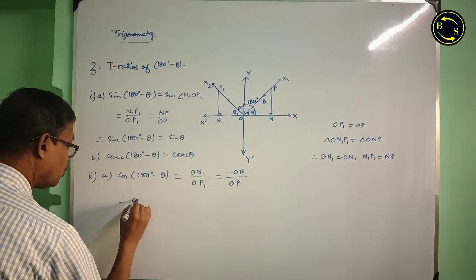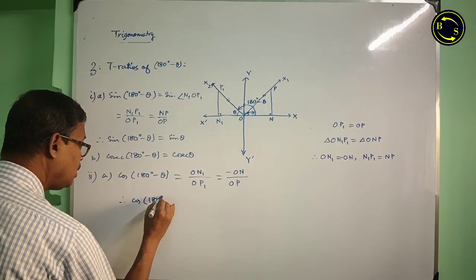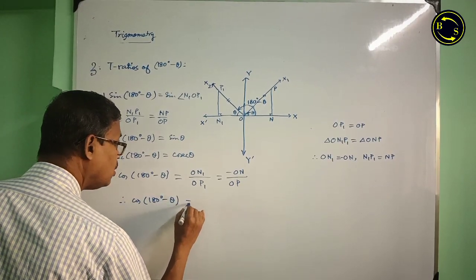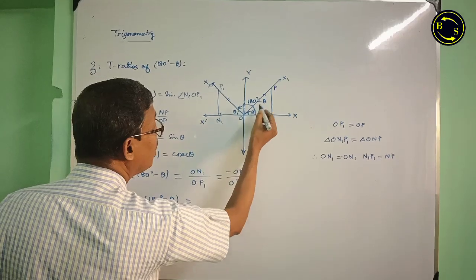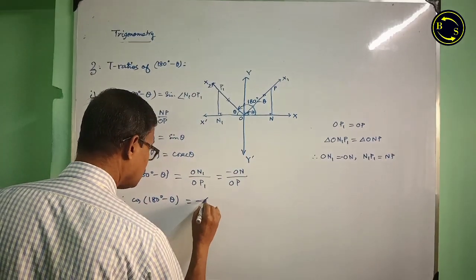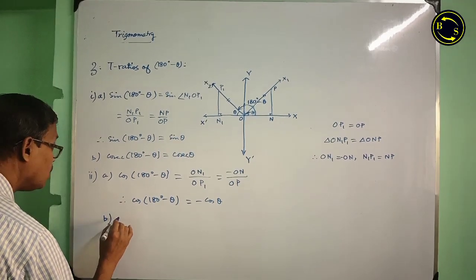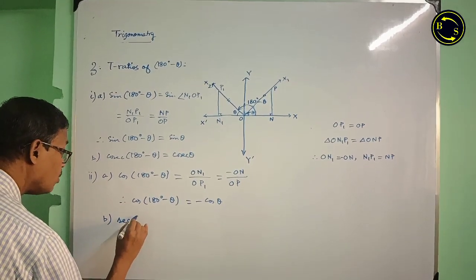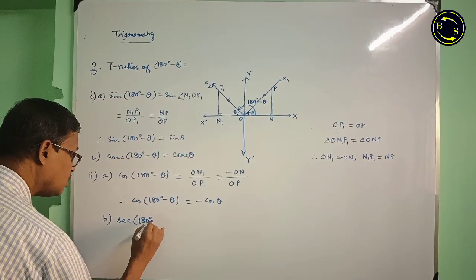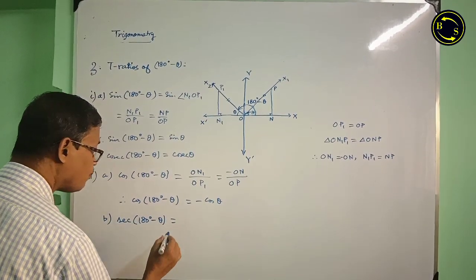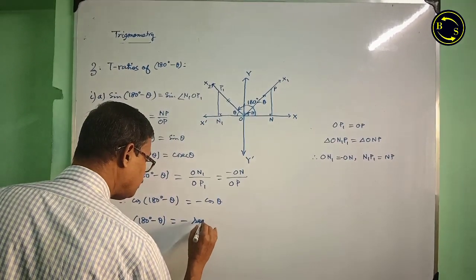Therefore, cosine 180 degree minus theta will be equal to minus ON by OP, minus cos theta. Similarly, sec 180 degree minus theta will be equal to minus sec theta.